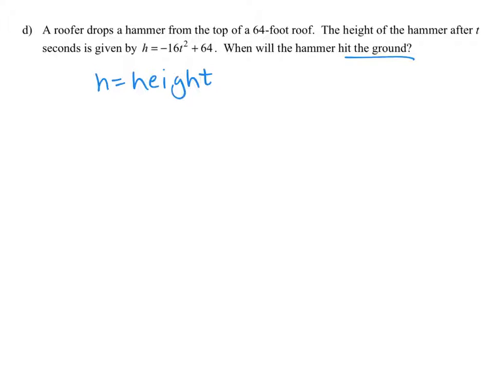When it hits the ground, the height is going to equal 0. So we can set up this problem to solve by setting 0 as your height is equal to negative 16t squared plus 64, using the equation that's given that models the height of a falling object.